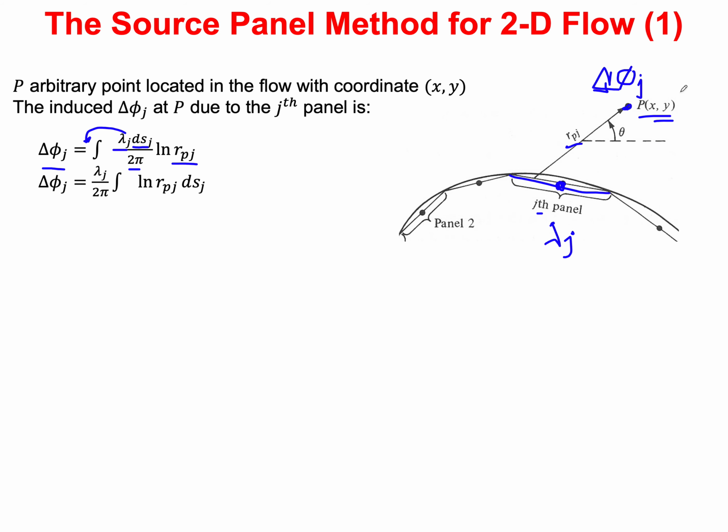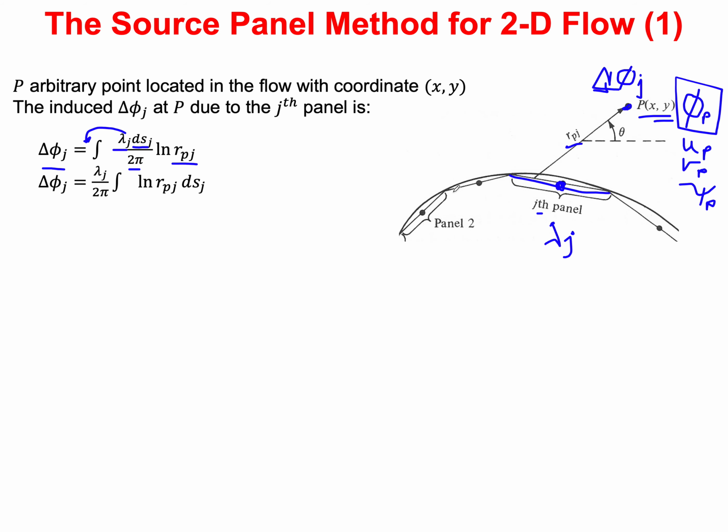If I want to find what is the phi at point P, what is the magnitude of the velocity potential, or what is my u component of the velocity, or what is my v component of the velocity, or what is my stream function at point P, all these are at point P, they all follow the same procedure. So we're only going to look at the velocity potential.